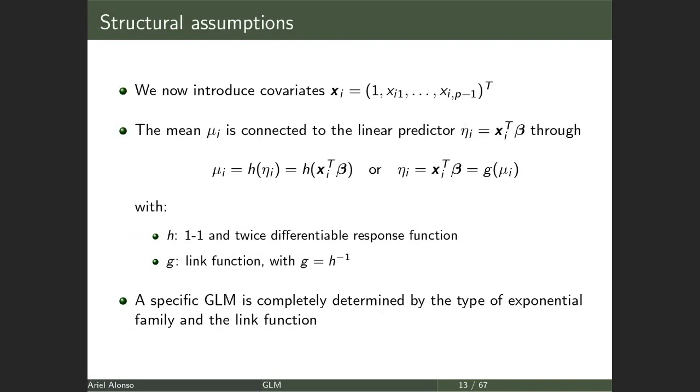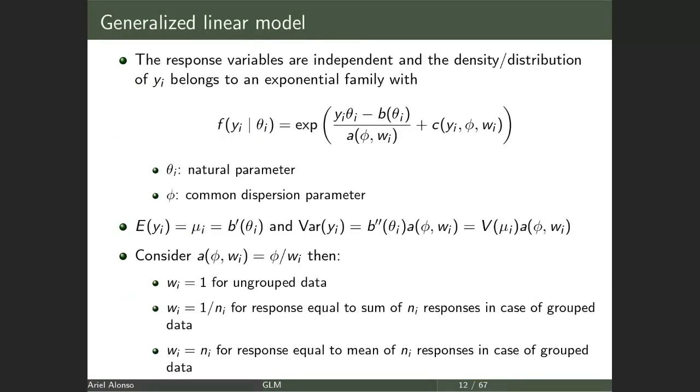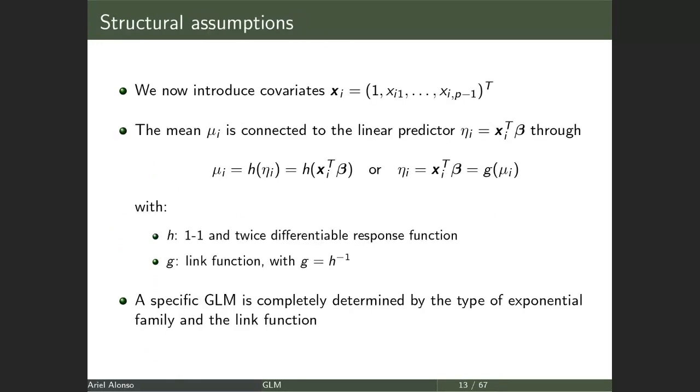Now, where do my covariates enter? Well, what you do with the covariates, the systematic part, is you model now this mu_i as a function of your linear predictor. Remember that this mu_i is just the first derivative of b evaluated in theta_i, and theta_i is the canonical parameter here. So let's do that. You have a vector of covariates, x_i, that has p components.